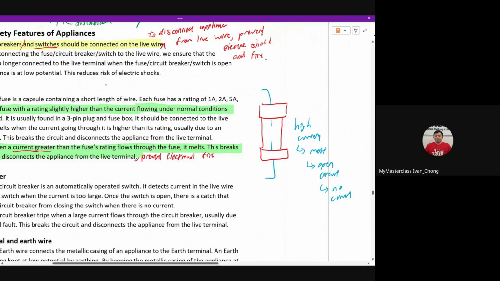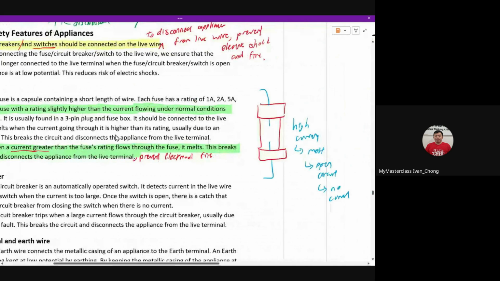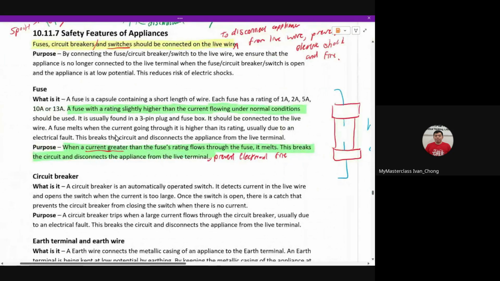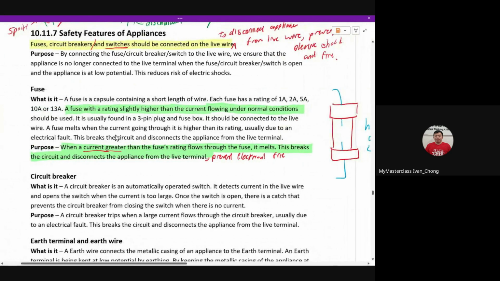So how a fuse works is that once it melts, you have an open circuit, and you don't have any more current. Your fuse rating is basically the max current that it can accept. It should always be slightly higher than the normal current. Typically it's just your next whole number.